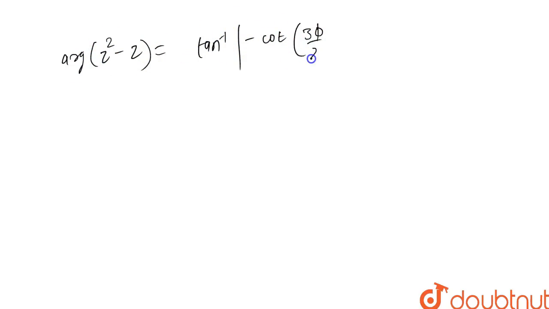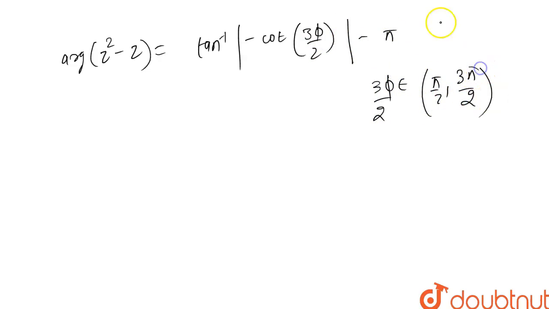So we get our argument of z square minus z equal to tan inverse of minus cot 3 phi by 2, minus pi, and we know that 3 phi by 2 belongs from pi by 2 to 3 pi by 2.